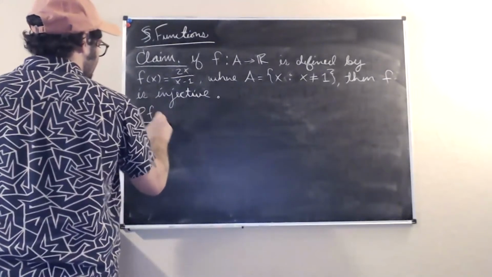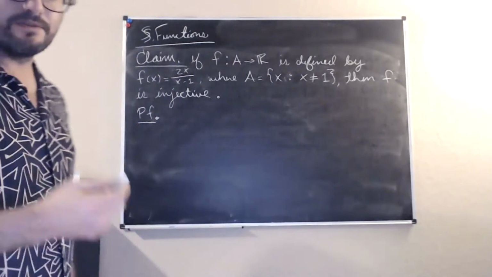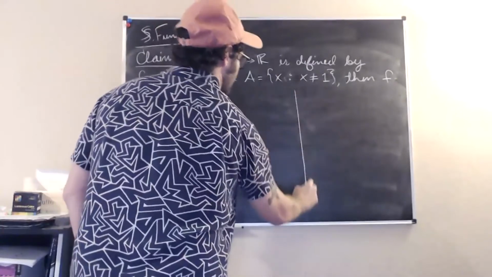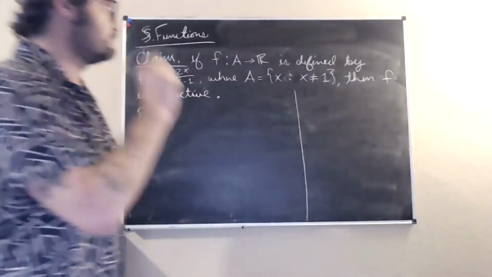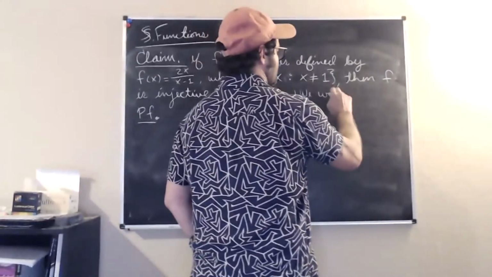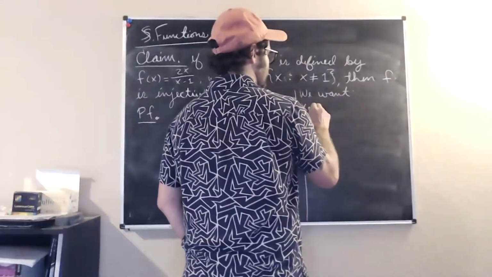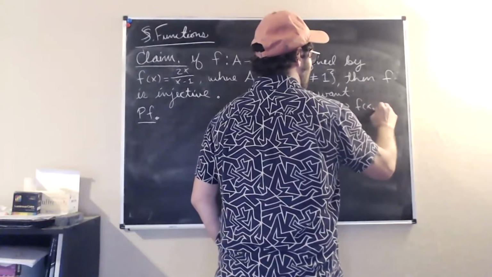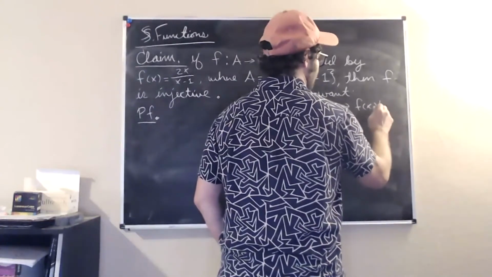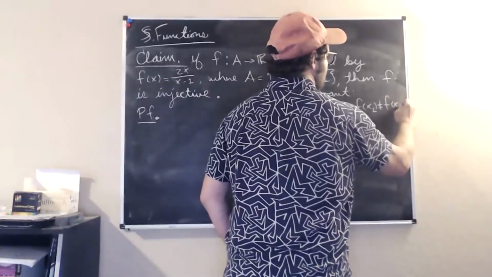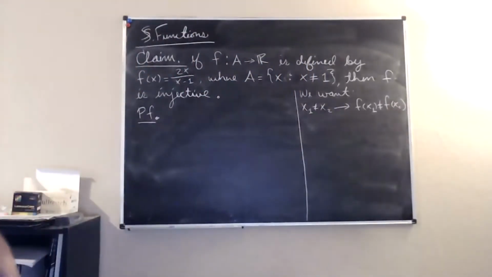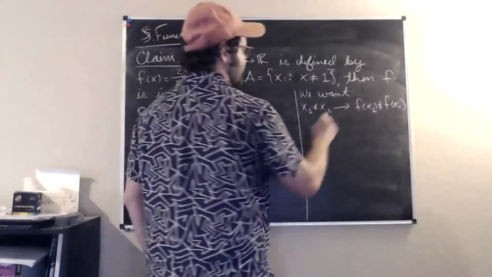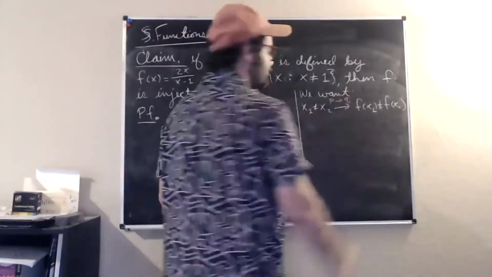So basically, we just have to show that it satisfies the definition of being injective, right? So I'm going to put my scratch work over here. So what do we want? We want that if x1 doesn't equal x2, then f of x1 is not equal to f of x2. That's what we want, right? But this statement is similar to a proposition, if P then Q, right?